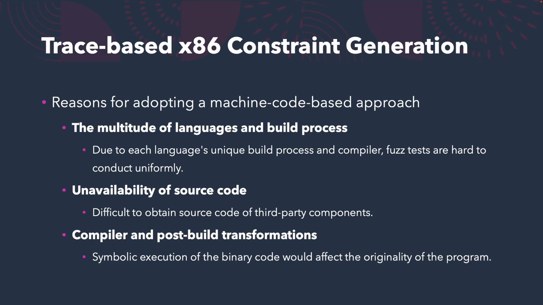And the final one is the compiler and post-build transformation issues. Symbolic execution on the binary code preserves the originality of the program, because some code contains obfuscators and basic block transformations applied during the compiling process.